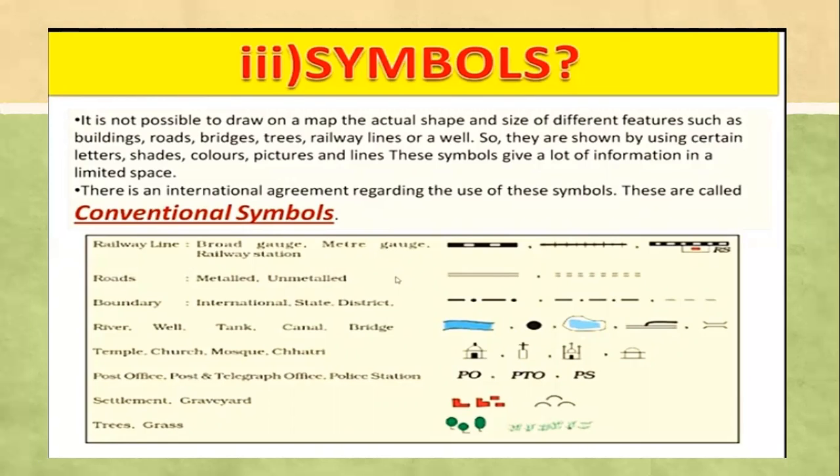Students, see, in a detailed map, you need to use a variety of signs, symbols, colors. Suppose a map is of a particular place, for example Mount Abu.